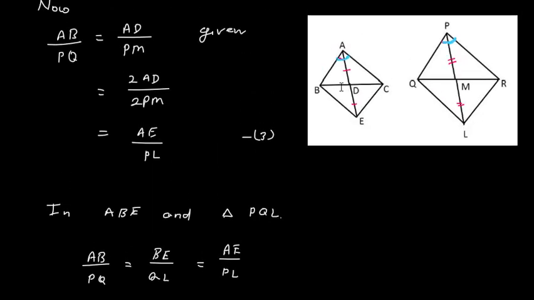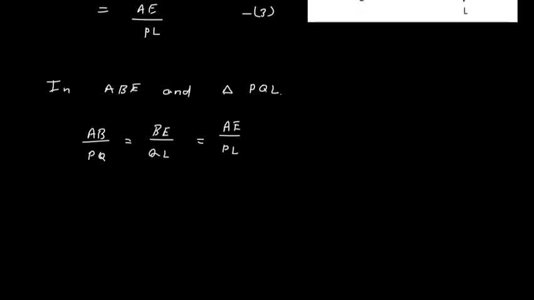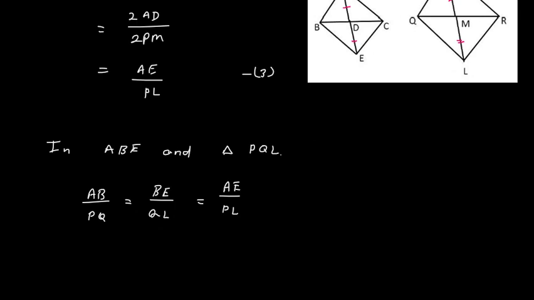Now why do I say that it is equal to BE upon QL? Because we know that AB upon AC is equal to AB upon PQ is equal to AC upon PR. So in place of AC upon PR, we can replace this with BE upon QL.